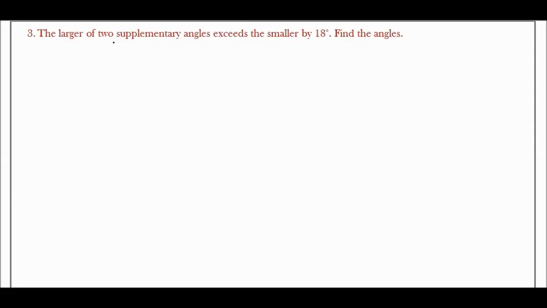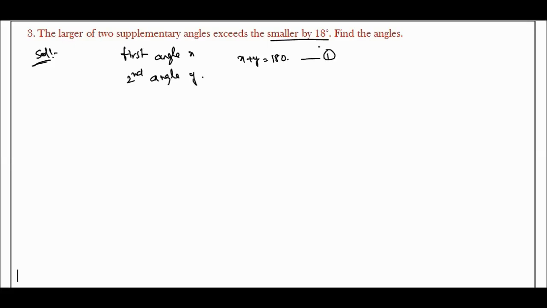So third question: the larger of two supplementary angles exceeds the smaller by 18, find the angles. So solution here: he's saying that the two supplementary angles exceed one another. First angle is x, okay. Second angle is y, we let. So the addition of two supplementary angles is x plus y is equal to 180, this is the first equation.